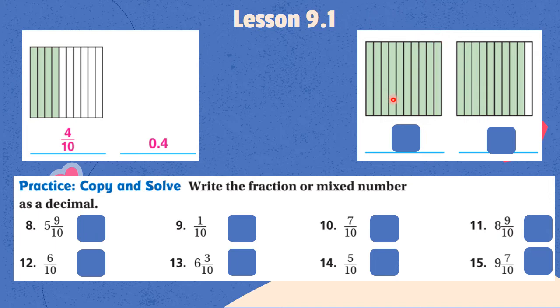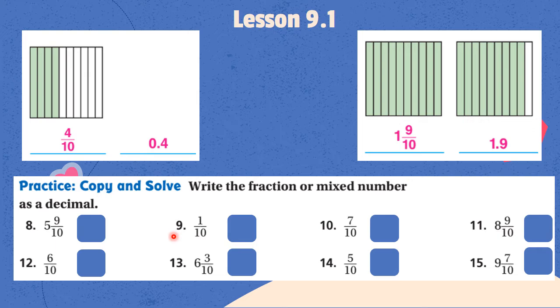If we have a whole number like here, which we have one whole number and then 9/10, so we have 1 and 9/10 as a fraction. When we write it, we write 1 before the decimal point. So here we have 1.9.